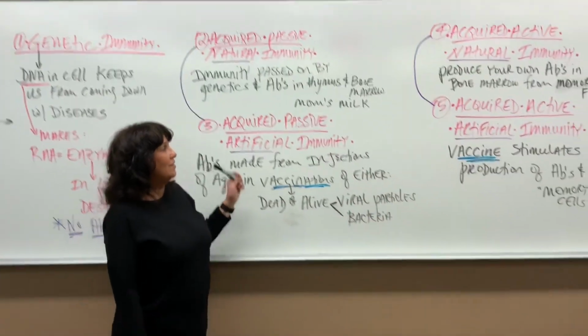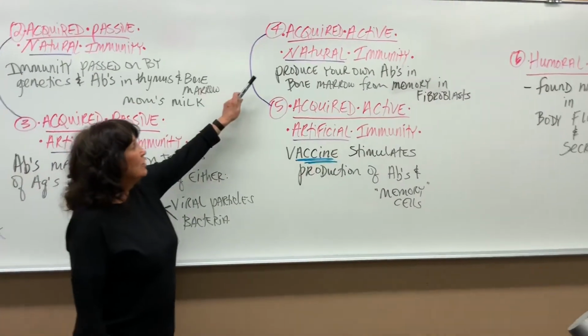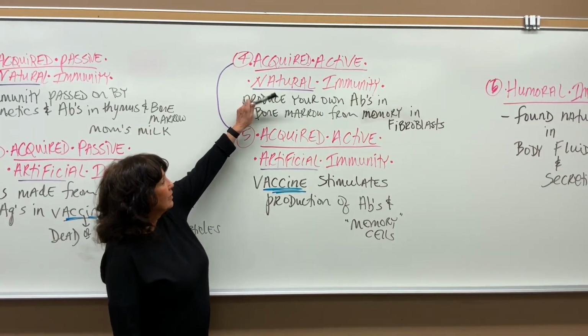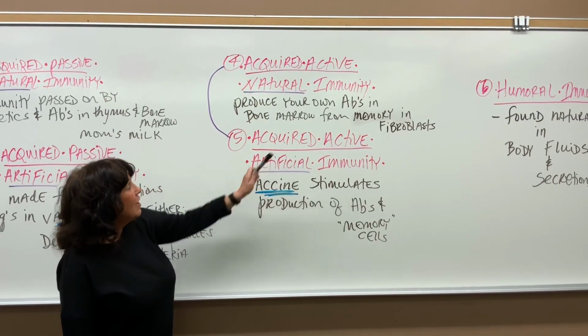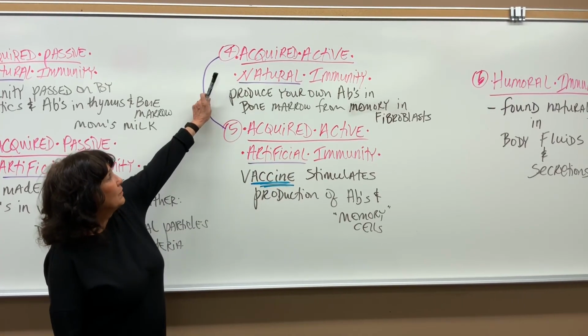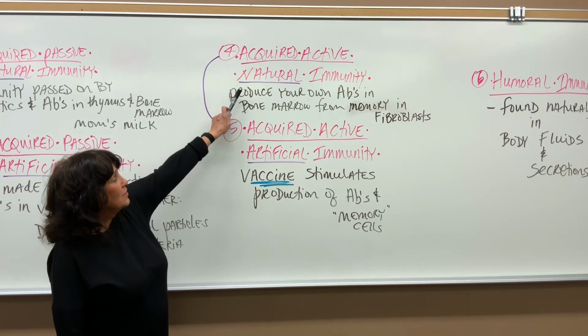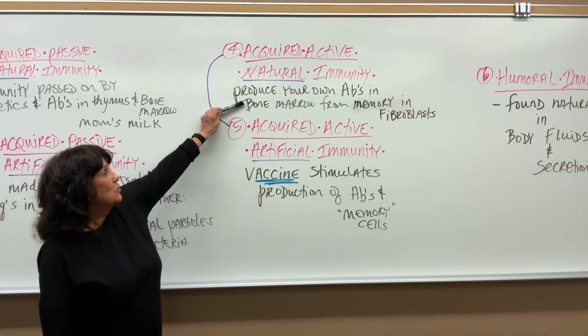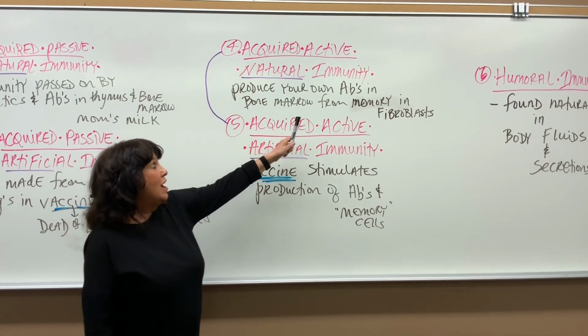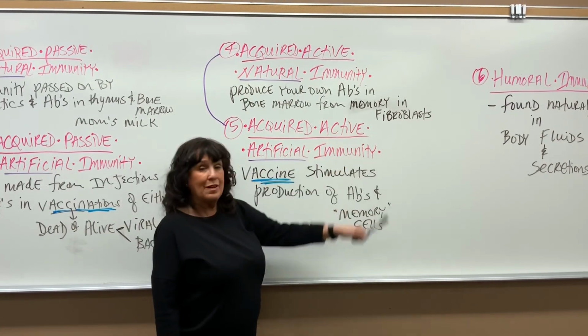All right, and then the next two over here, we have acquired active, also known as natural immunity, and acquired active, which is called artificial immunity. So let's look at the top one. Number 4, acquired active natural immunity. You produce your own antibodies in your bone marrow from memory cells in the fibroblasts.